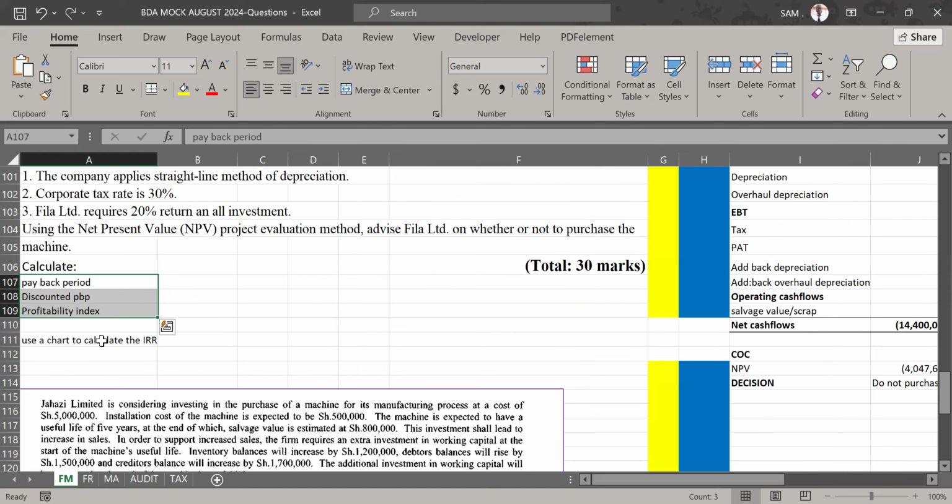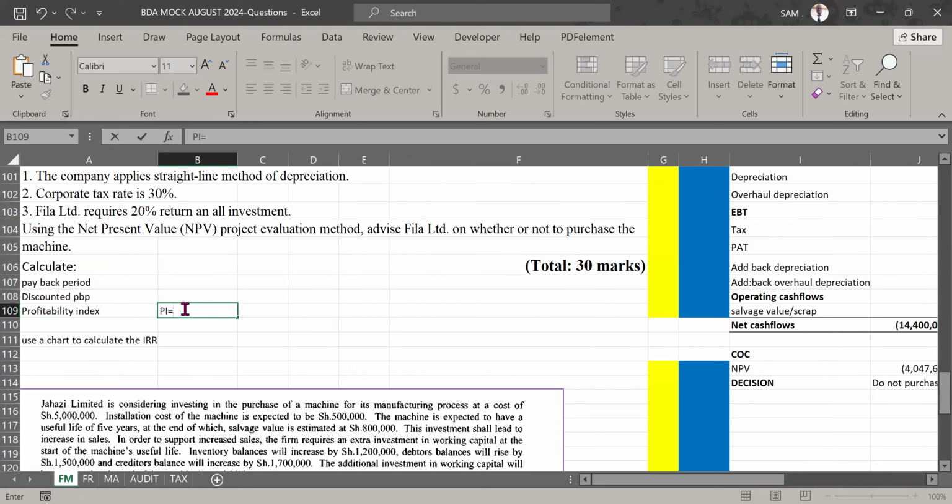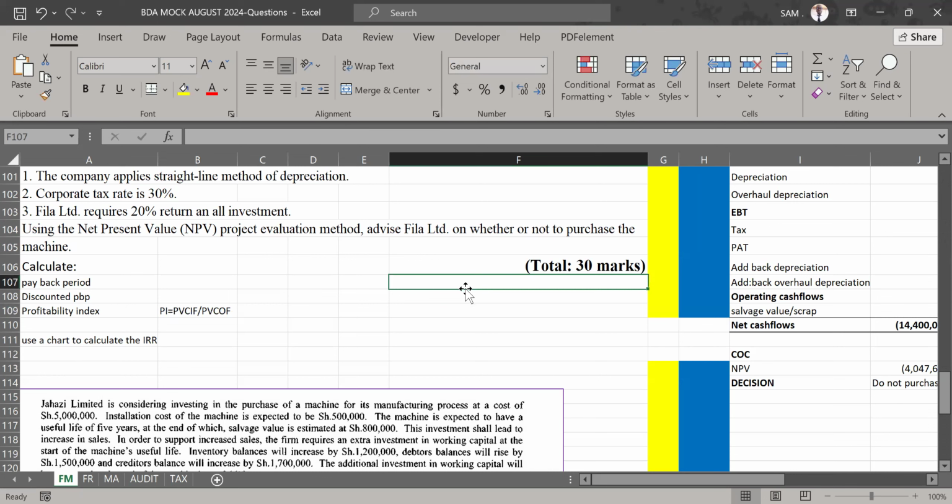What is the formula of profitability index? PI. How do you normally get PI? Let's remind ourselves. Present value of cash inflows divided by present value of cash outflows. That is very direct and very simple like that. That is how you normally get it.